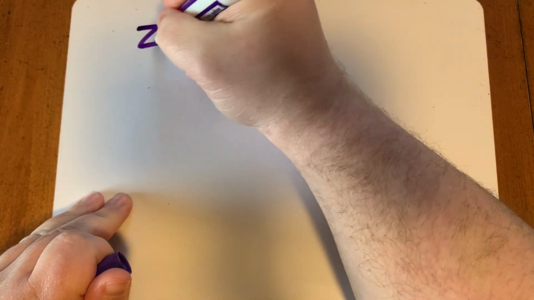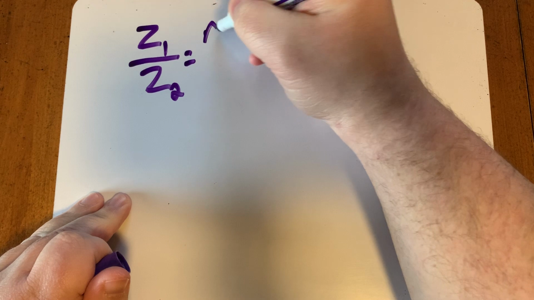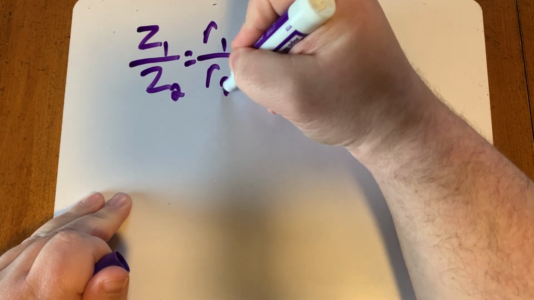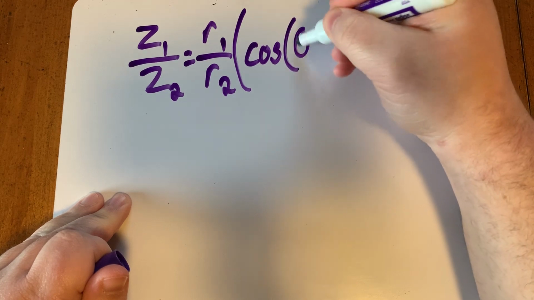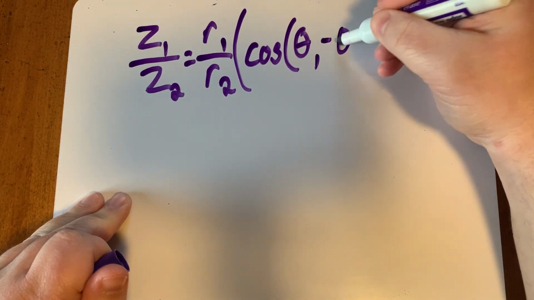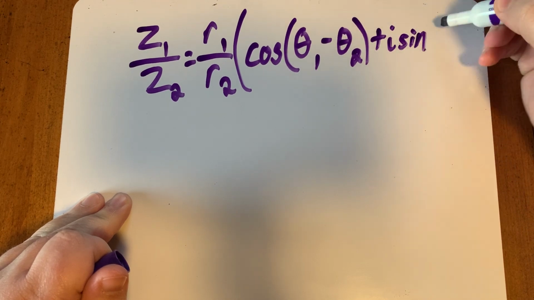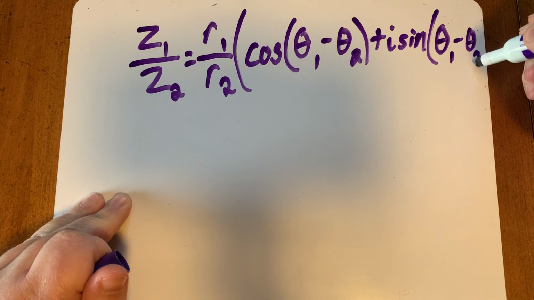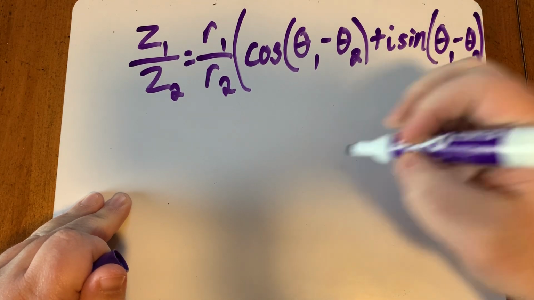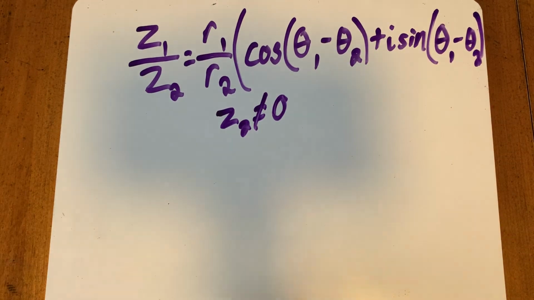You can do that derivation on your own, but if you have the same z1 and z2, it's going to be r1 over r2, and then cosine of the difference of the angles, plus i sine of the difference of the angles. And of course, z2 can't equal 0.